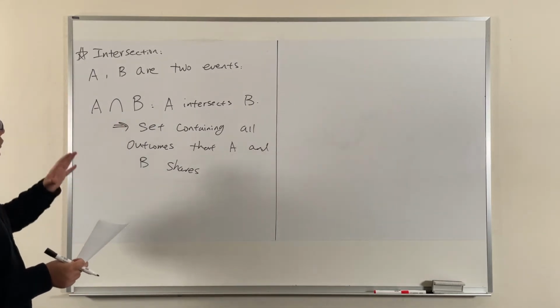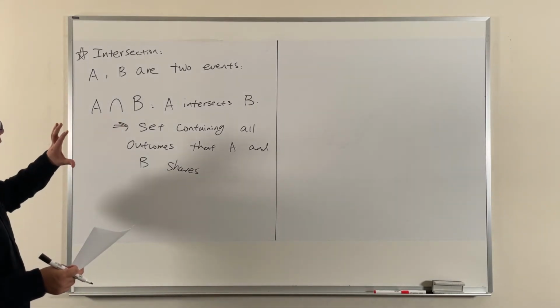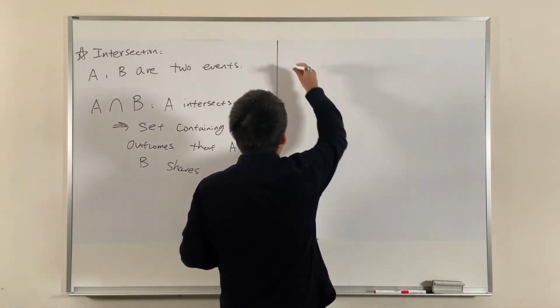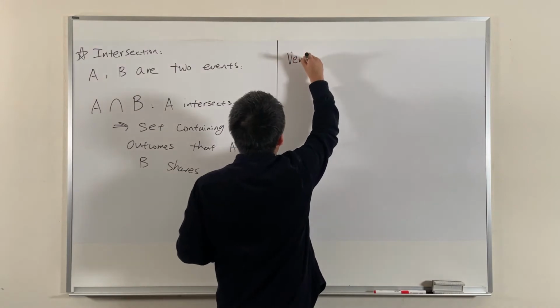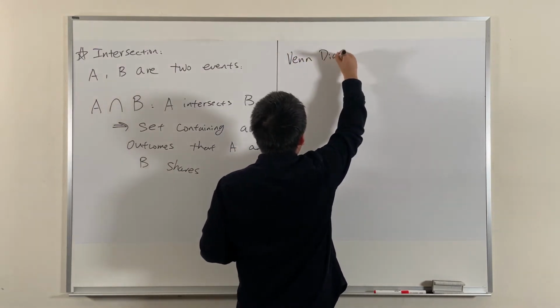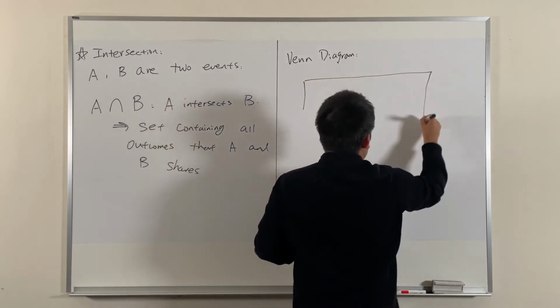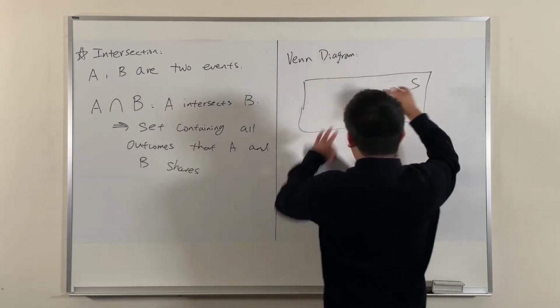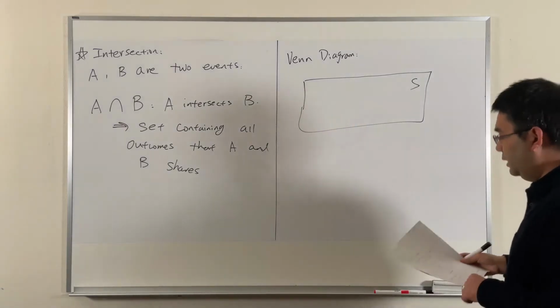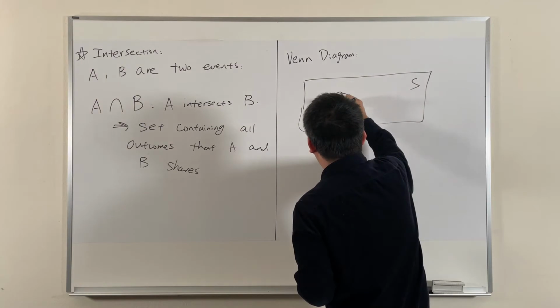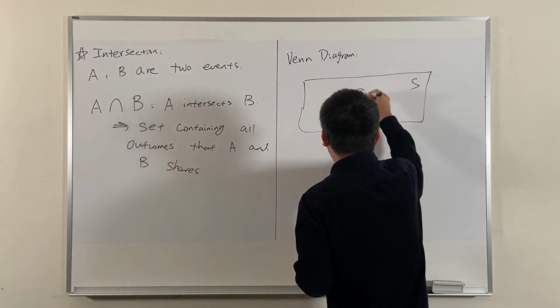Let me give you a Venn diagram description of this. Remember we have a rectangle, and the whole space is our sample space. We have event A here and event B here.